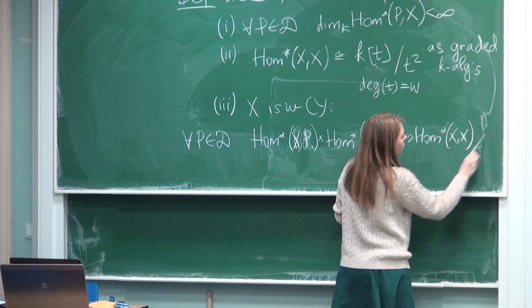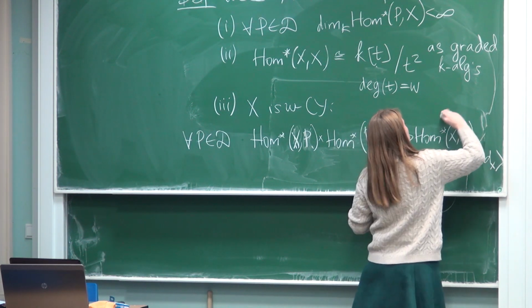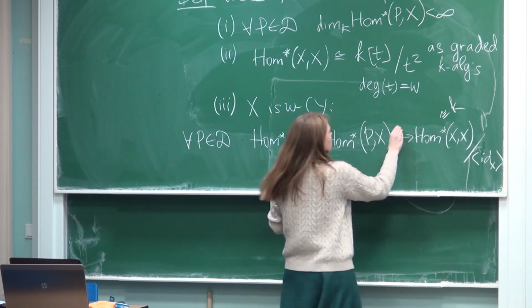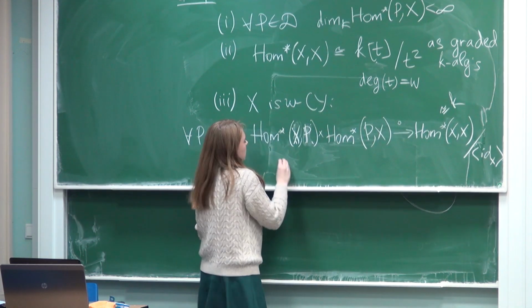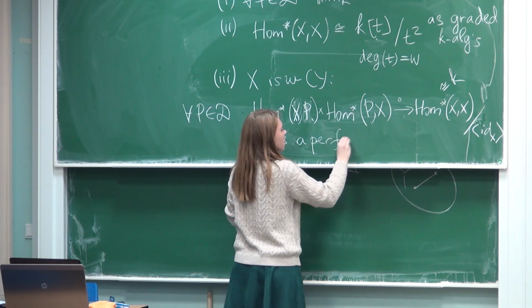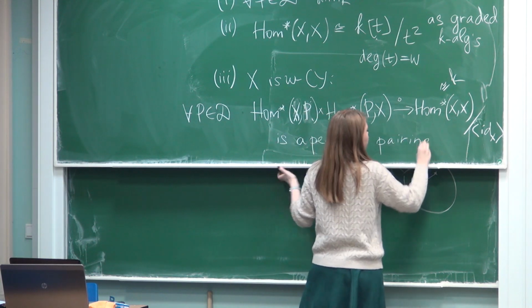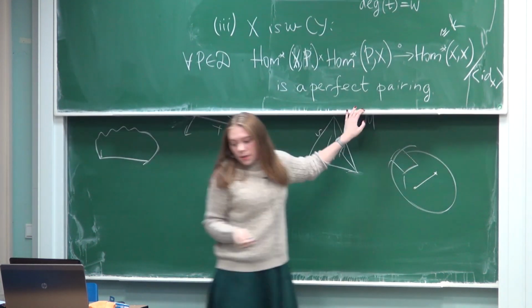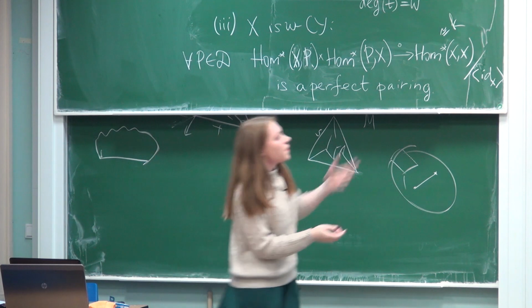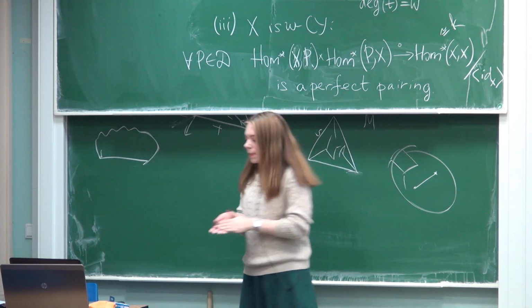So here we have to quotient out by the identity. So this is isomorphic to K. This is just the composition. So this is a perfect pairing. If X is omega-spherical, then T_X is an autoequivalence of D.